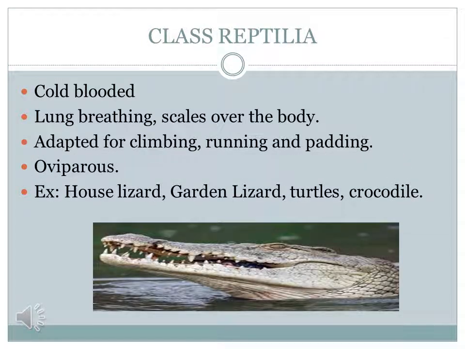The next class is Reptilia. These were the first class of organisms to adapt to life on land. They are believed to have evolved from the amphibians millions of years ago. These are creeping and burrowing terrestrial animals with scales on their body. They are cold-blooded animals found in most of the warmer regions of the world.